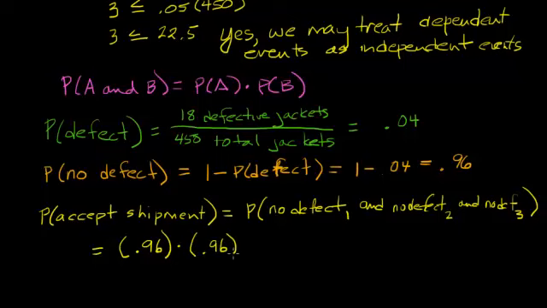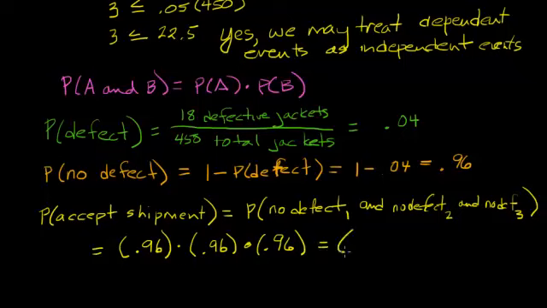Obviously, we would be putting that jacket aside before we pull another one out, but because we met the conditions that our sample size was less than or equal to 5% of our population size, we can treat these as independent events, so we do not have to factor in the fact that we've put that first jacket aside. Okay? Times, now the third jacket is selected, the probability that it has no defect is 0.96.